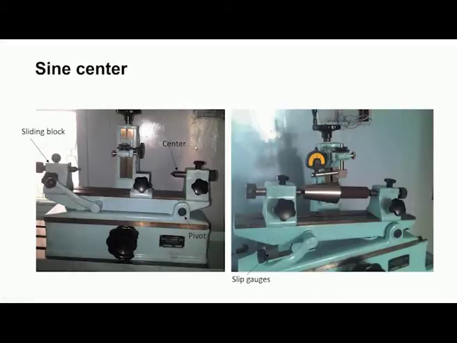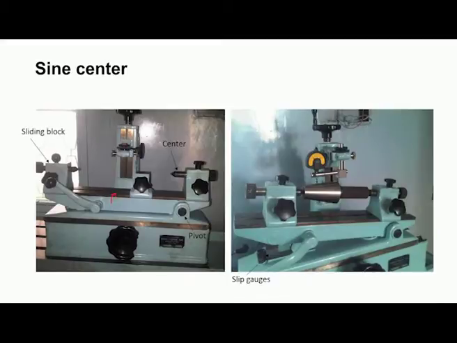Now, we can see an advanced sine center. This is the base, and then this is the sine table. It is pivoted here. So, this sine table can be tilted in this fashion.